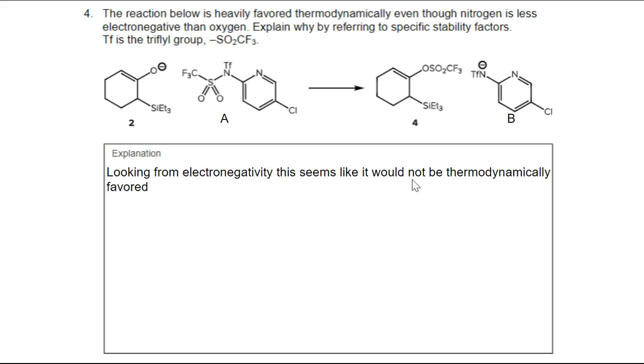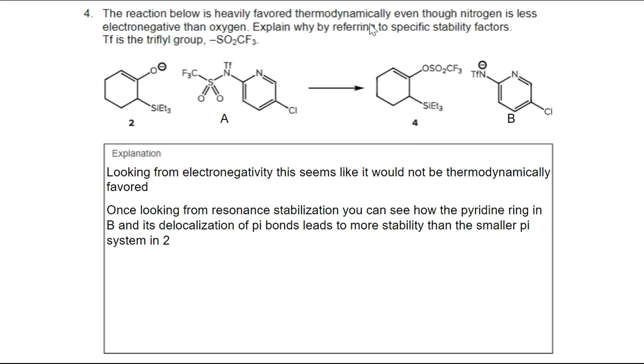But if you keep looking forward, you can see that resonance stabilization plays an important factor in this. In 2, you can only move the oxygen's negative charge onto the bond between the ring and the oxygen, and then move the double bond next to the oxygen. Other than that, there's not much you can do to have resonance stabilization throughout that molecule.